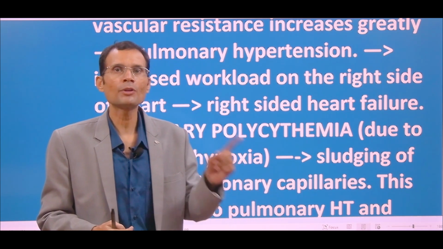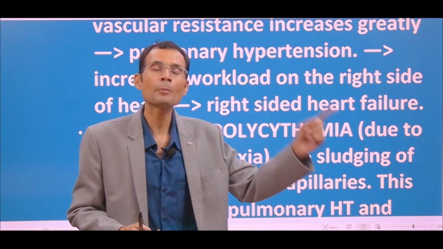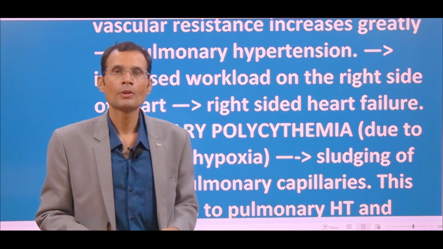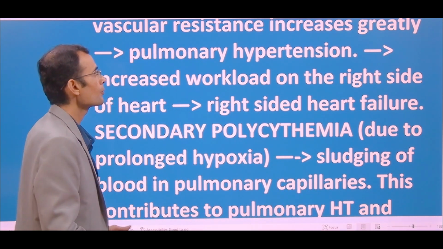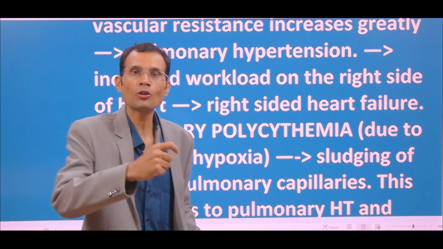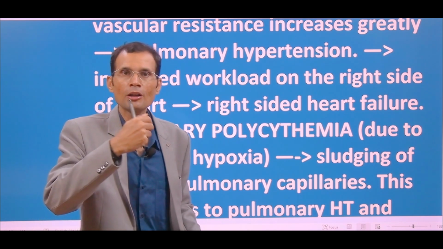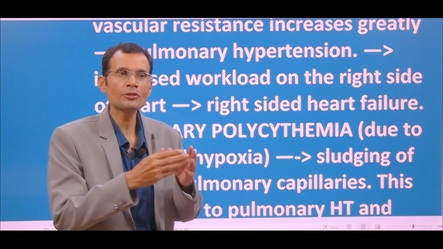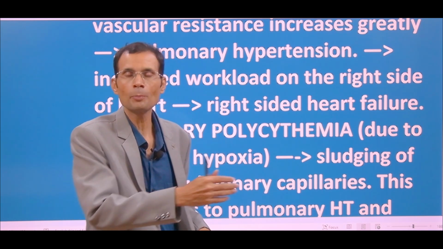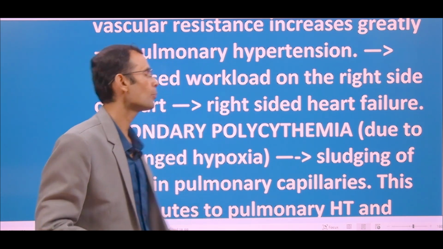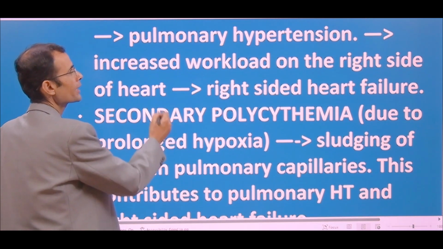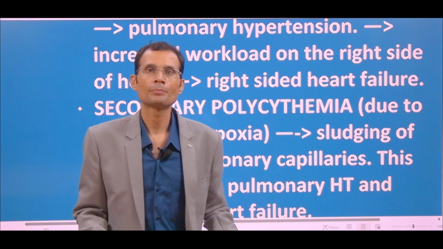So these patients will have secondary polycythemia. That means increased RBC count. And if the RBC count increases too much, there will be increased viscosity of the blood. The blood flow through the lungs will be very slow because there is a viscous drag over the blood because of the high number of RBCs.